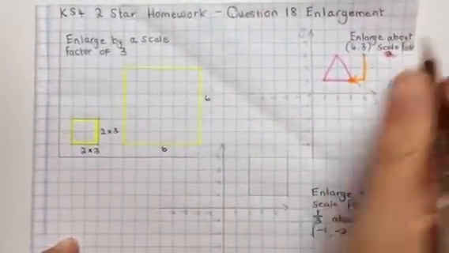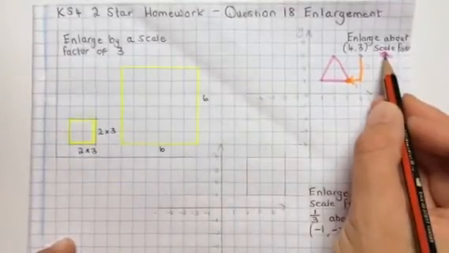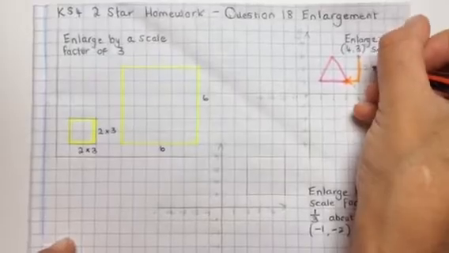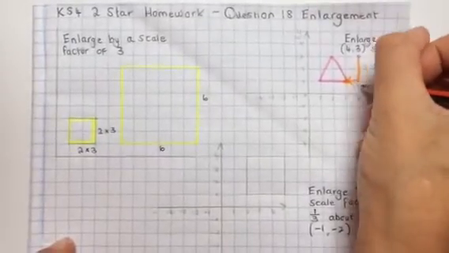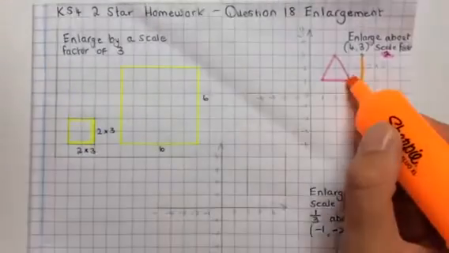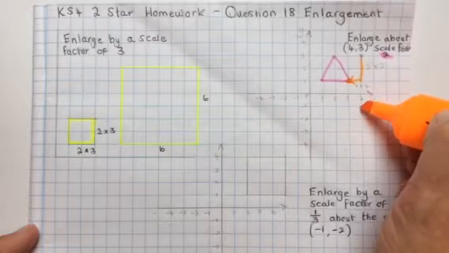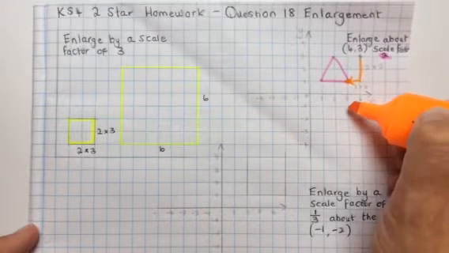Now, similarly to the previous question, each of these steps needs to be twice as big. So this needs to be times by 2, this needs to be times by 2. So the starting position of this corner here is now going to be 4 down, so 1, 2, 3, 4, and now 1 times 2 is 2, so 2 across.